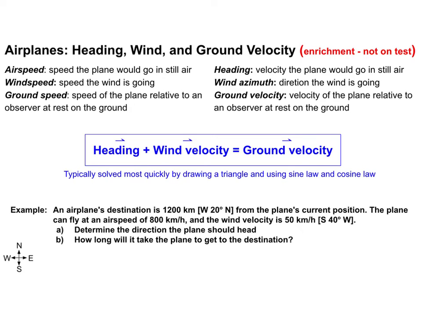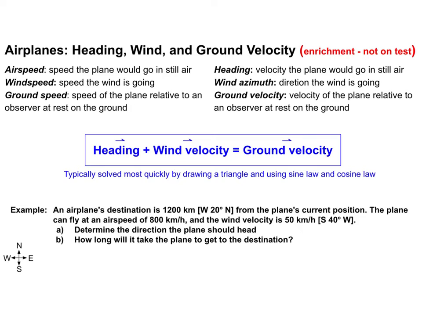And you'll find that you don't usually get 2 full vectors and just solve for the third one. If that were the case, then you could just use vector addition or subtraction from the previous slides. Maybe an online calculator will do that for you.